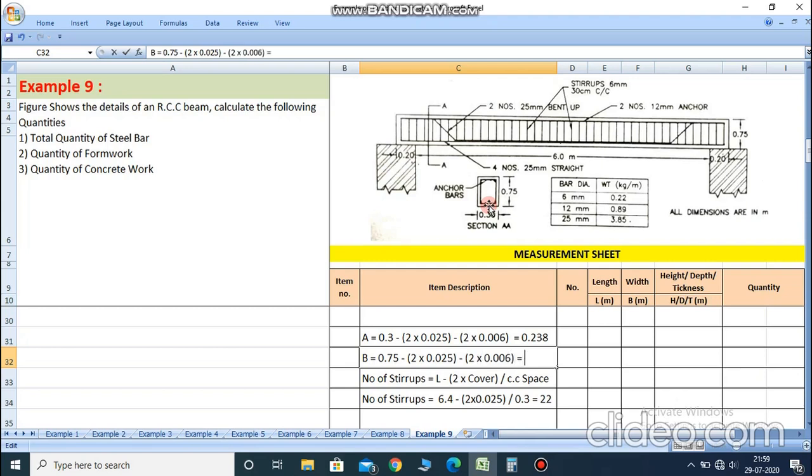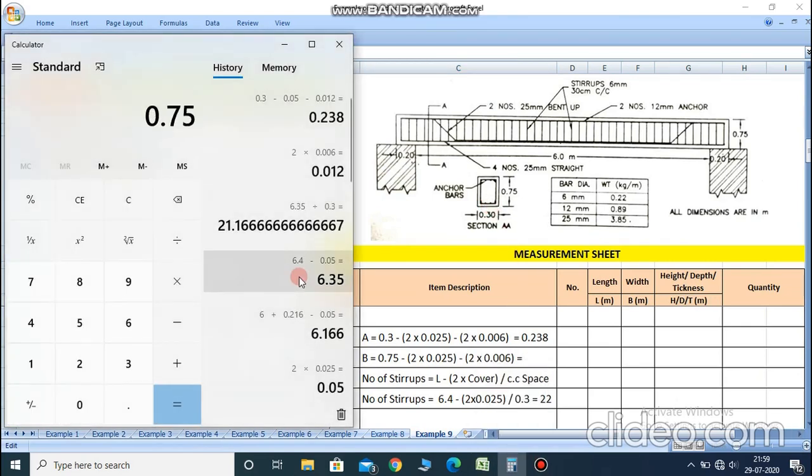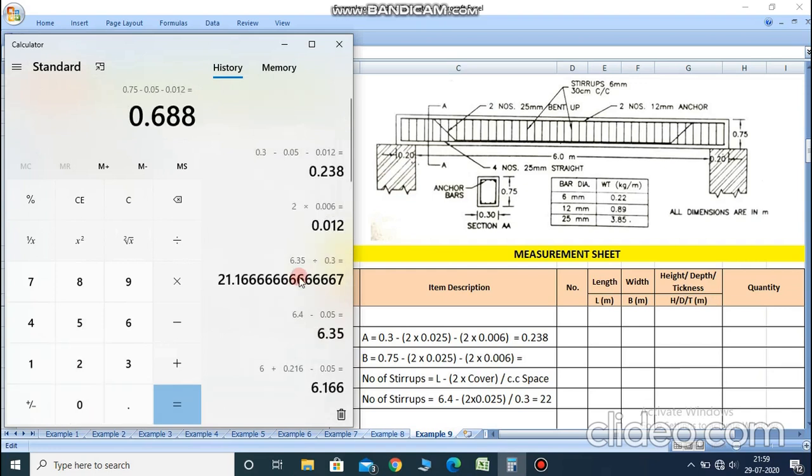So here we got the answer: 0.75 minus 0.05 minus 0.012. So we got the answer 0.688.